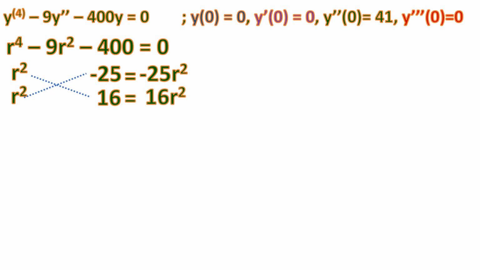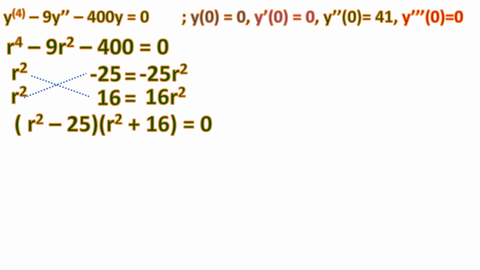And also negative 25 times 16 must be negative 400. And since you get the sum of the two as negative 9r squared, the pairing is correct. It will be r squared minus 25 times r squared plus 16.